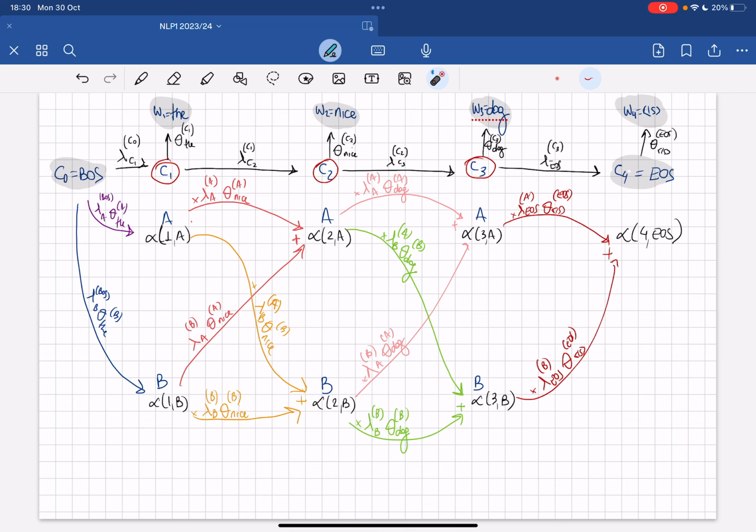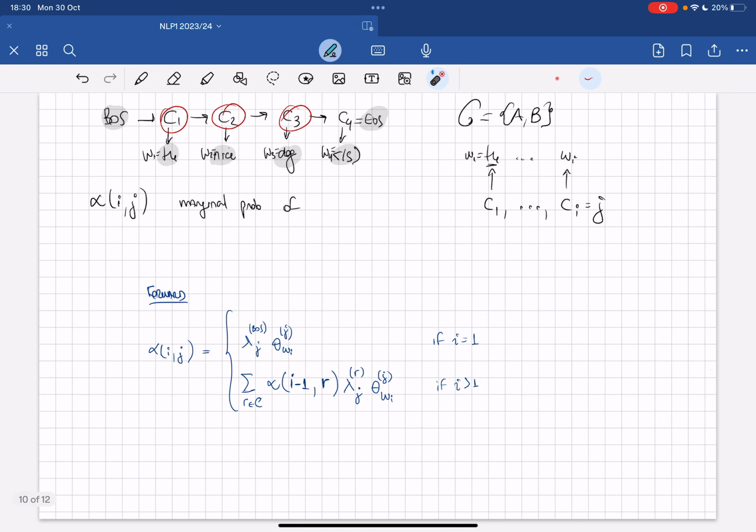And now we are going to go back to this part and realize that with a couple of transformations, this becomes another algorithm.